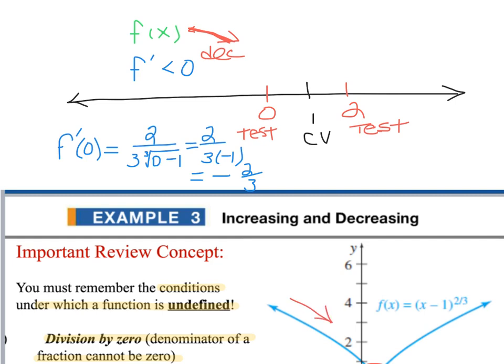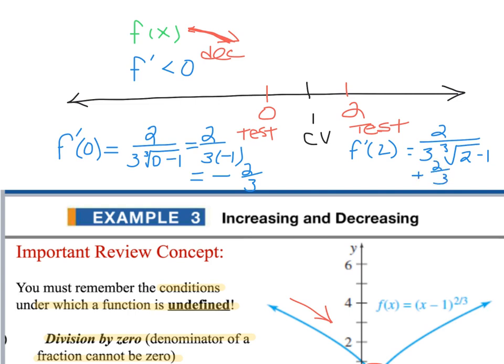And then plugging in f prime of 2, we get a positive number over 3 times the cube root of 2 minus 1, which is the cube root of 1, and that's 1, so the answer here is just positive 2/3.